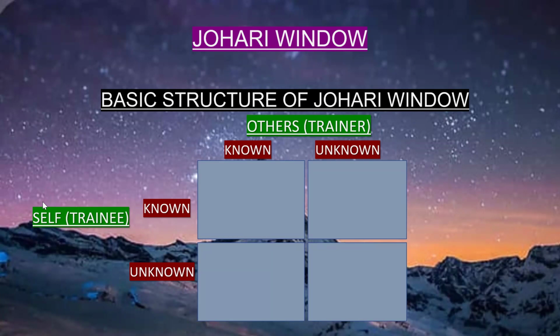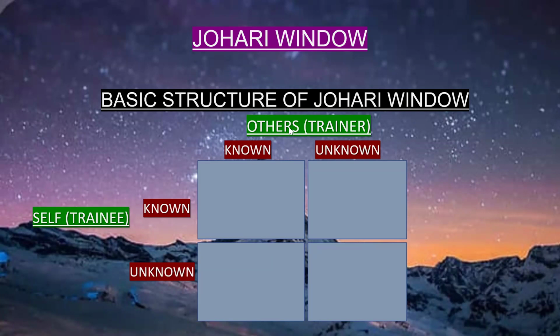Now, the self or A has got some knowledge about himself. Maybe it is possible that this person does not have complete knowledge. A few aspects of his own habits and reaction patterns are unknown to himself. Similarly, from others' perspective, let's say the trainer's perspective or B's perspective, others have got some information about A, known to others.